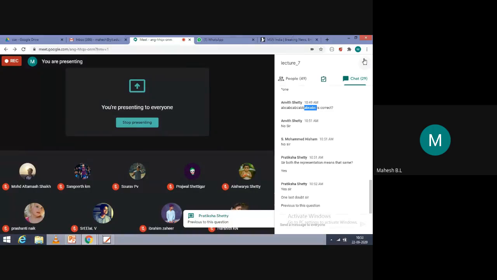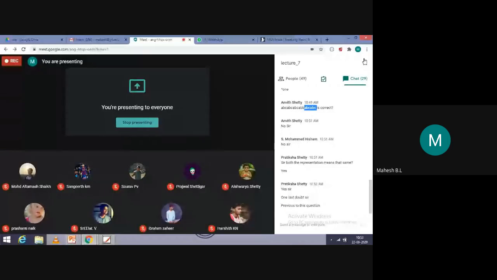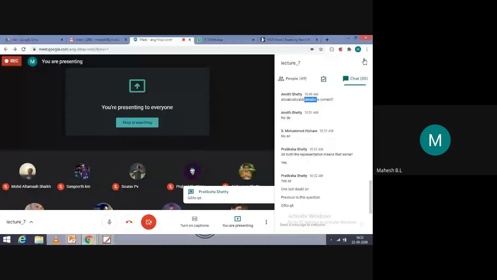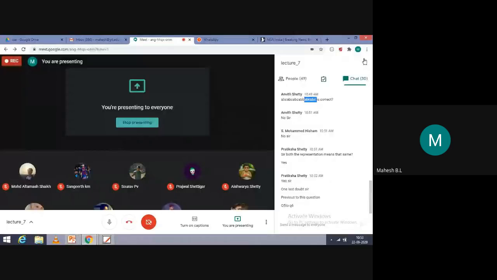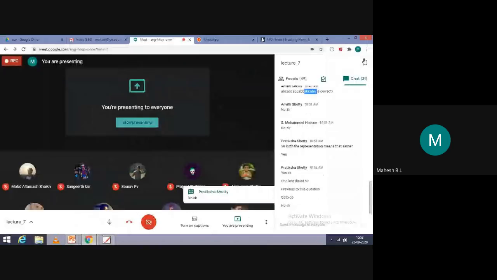Previous to this question, which one? This one. What is your doubt in this? Which question? This question only, Q5 to Q6. What is the doubt? This one, right?